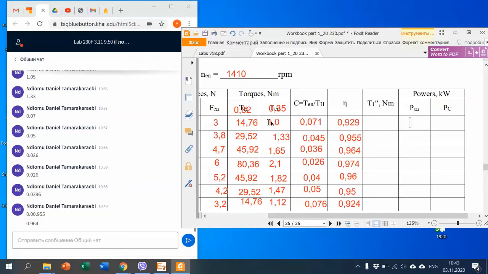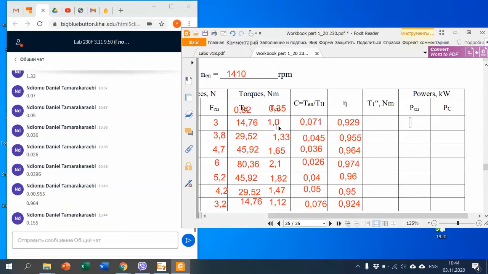It's very easy to calculate. Okay. 0.155.